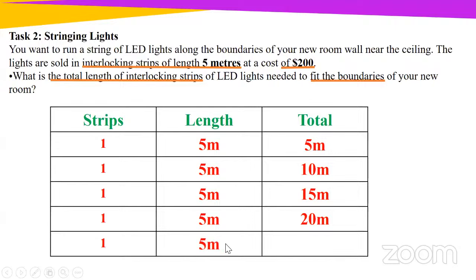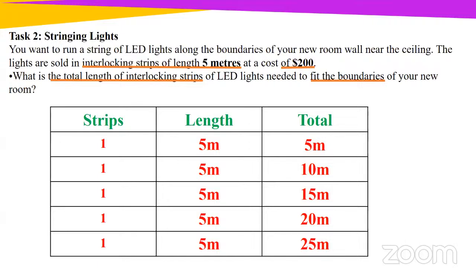Yes, miss. So we'll have to buy how much in total? 25 meters. So we would have to buy in total, boys and girls, 25 meters of interlocking strips. Good job.